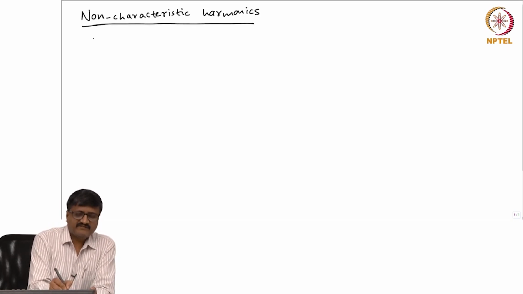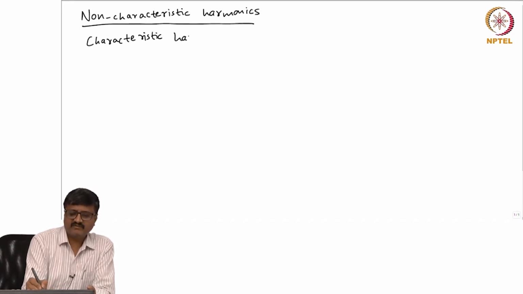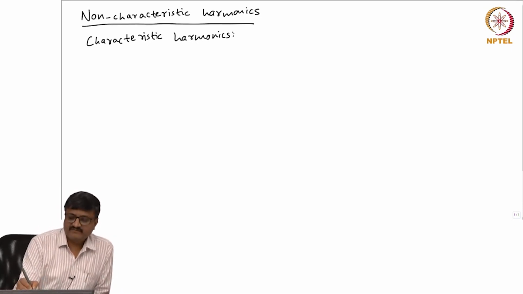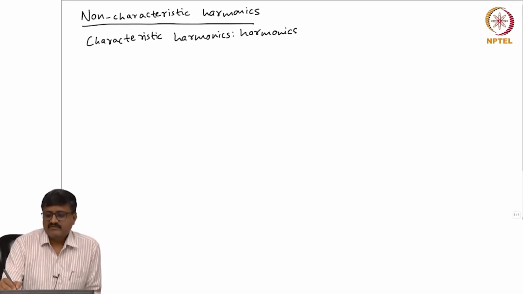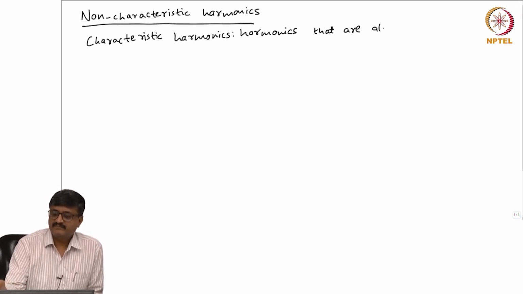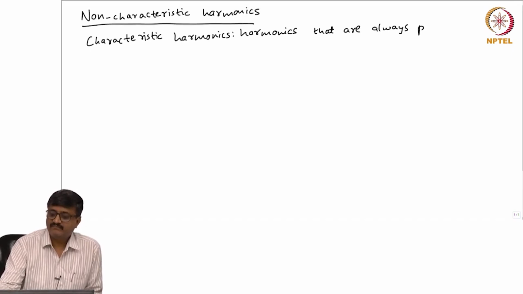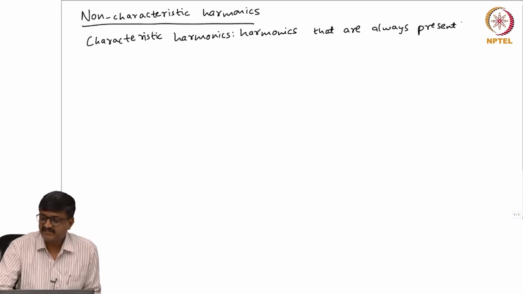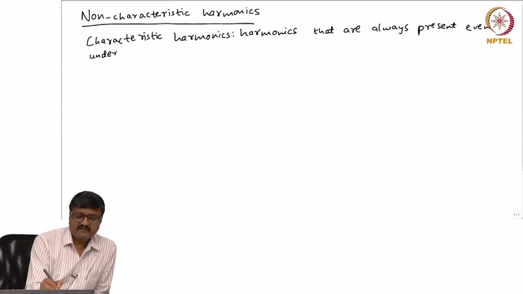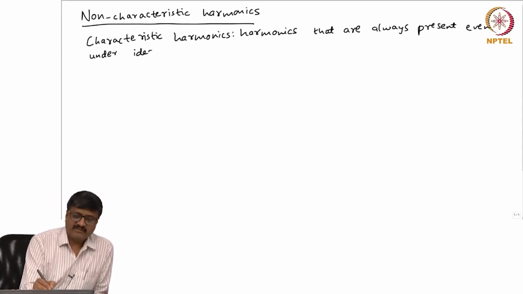First of all, let us define what is known as characteristic harmonics. Characteristic harmonics are the harmonics that are always present, even under ideal conditions or ideal operation.